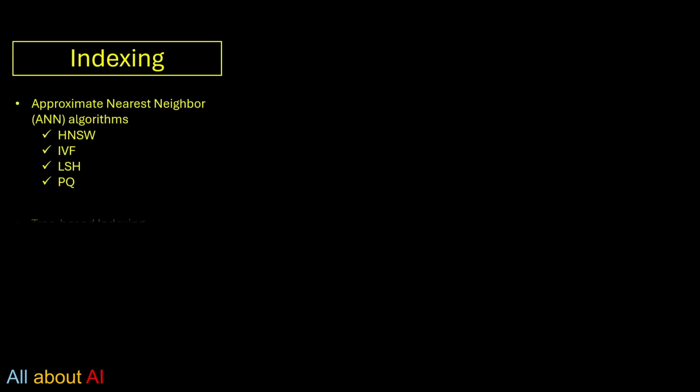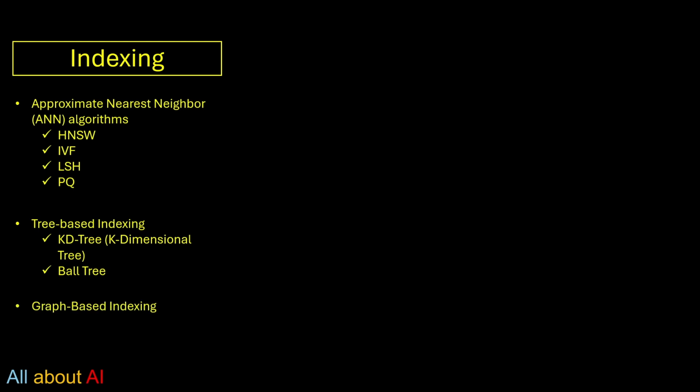Now, 2 aspects of vector databases are very important. One is indexing. That's how it stores the data so that it can be searched very efficiently. There are many well-known mechanisms to index those databases. Some of them are approximate nearest neighbor, or ANN, algorithms.